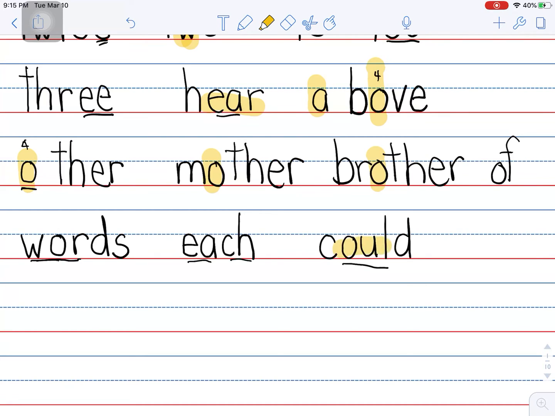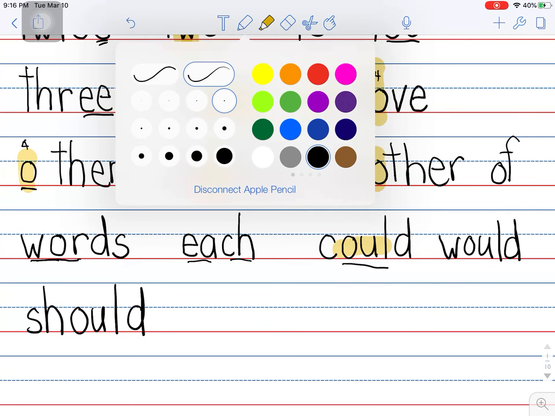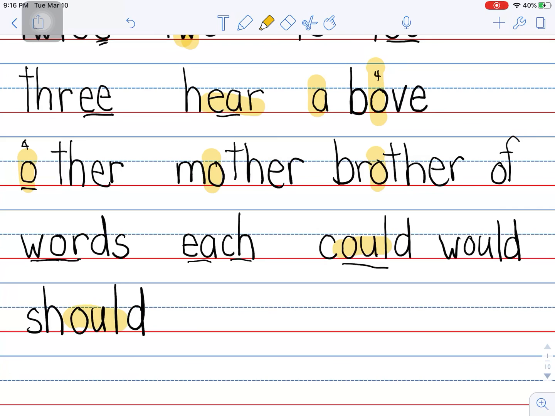This part is odd. O-U-L to say oo in could. And if you remember could, you will also remember would. O-U-L. And should. Sh, oo, D. O-U-L to say oo in these words. Okay.